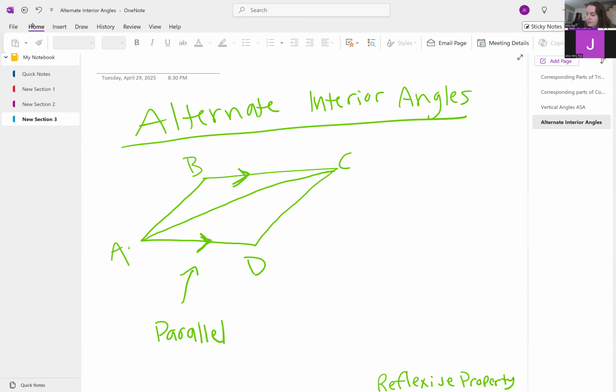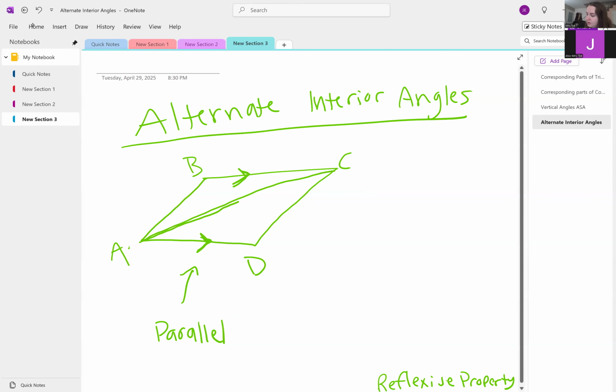Okay. But this line right here is kind of cutting this. It looks like a parallelogram right now. It's kind of cutting it in half along the diagonal. And we can claim that this angle right here is the same as this one. So notice how I'm pointing at the opposite sided one. So this one and this one.